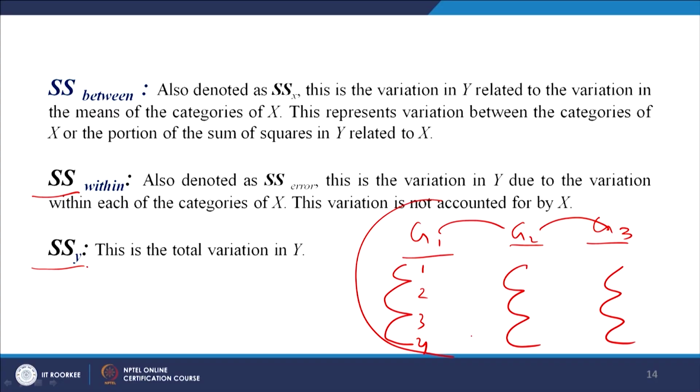And similarly, the total sum of squares of y is the deviation of each cell value from the overall mean. These three things are very important before we go deep into the analysis of variance.